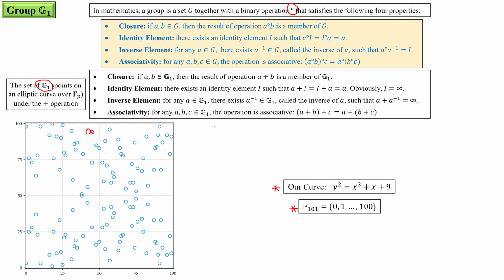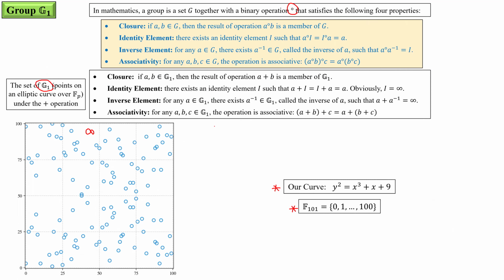The first property says that if you pick 2 elements or 2 points from this group and add them to each other, the result should be another element or another point in this group, right?